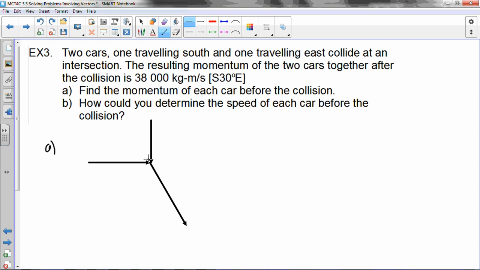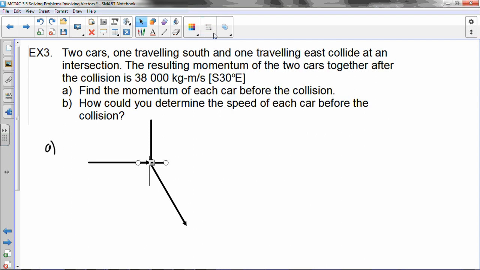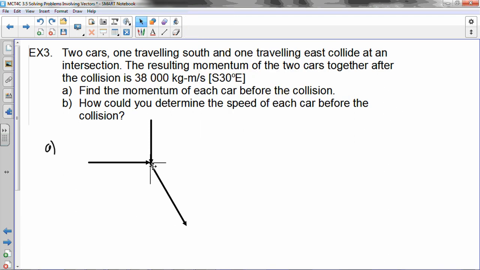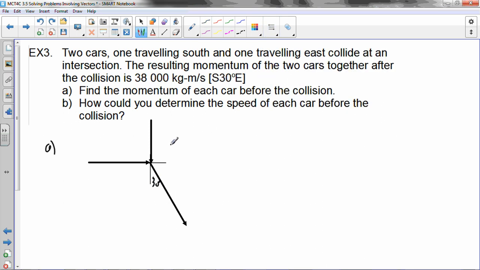Okay? Where if I put my direction crosshairs there, try and make those small again for you. South 30 degrees, this here is 30 degrees, right? And then even though these vectors don't make sense really, this one's momentum is this component, right?